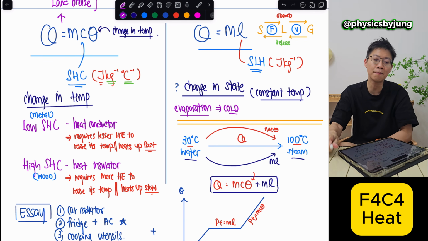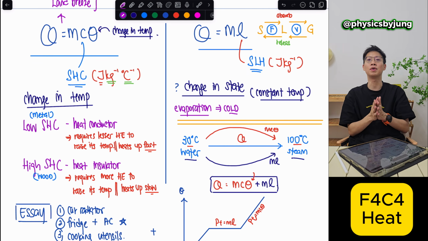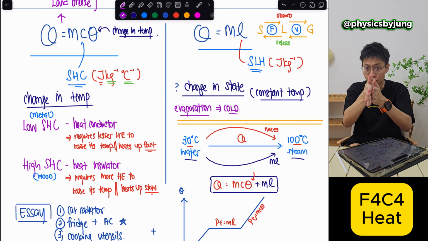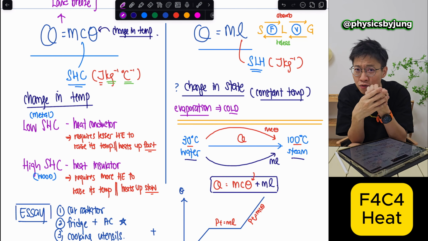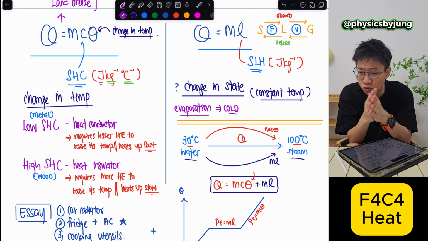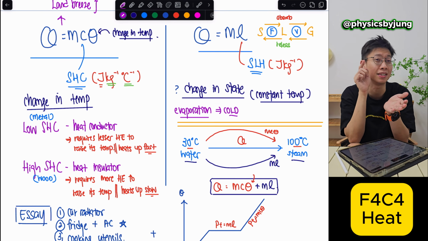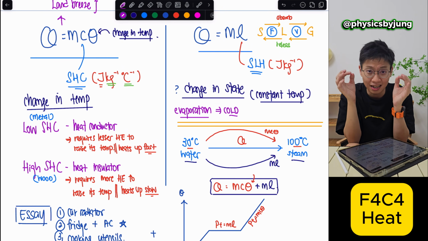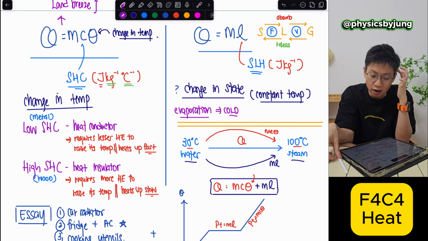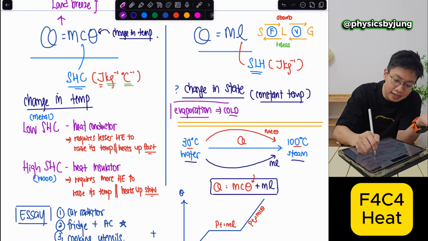For example, they might ask you, why is it that when you use alcohol and rub your hand, it will feel very cold? But if you use water to rub your hand, you feel less cold because the water doesn't evaporate, but the alcohol will evaporate. Understand? So therefore, you need to understand these kinds of things.